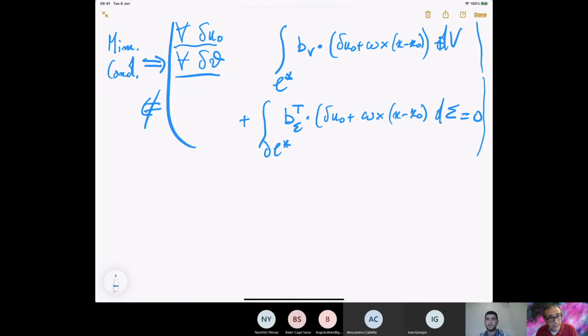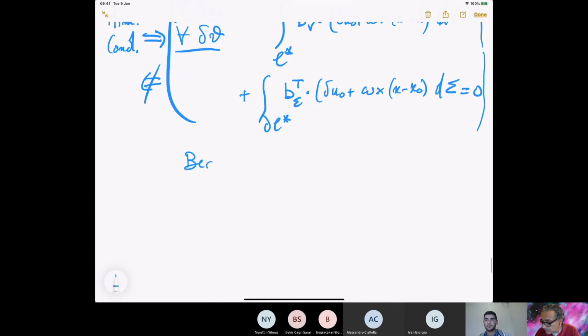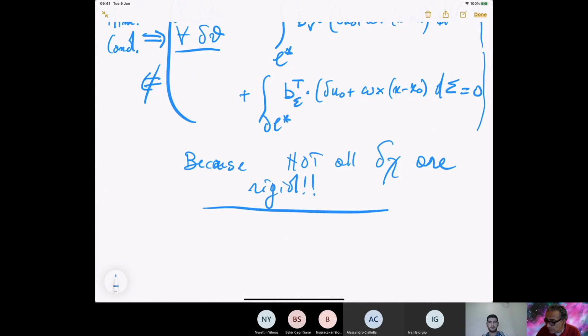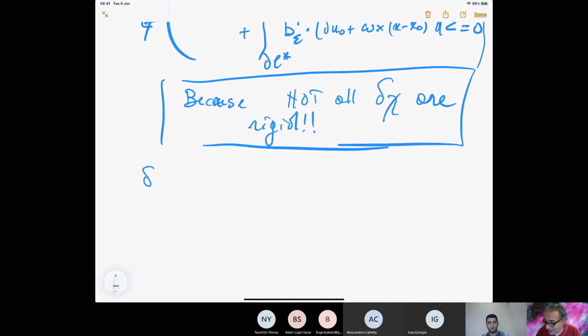We have this because not all delta keys are rigid. So the minimization condition says that delta E dot, calculated on every delta key, is equal to 0.